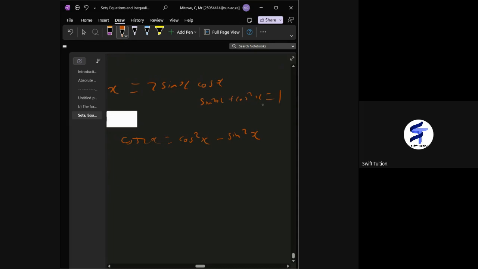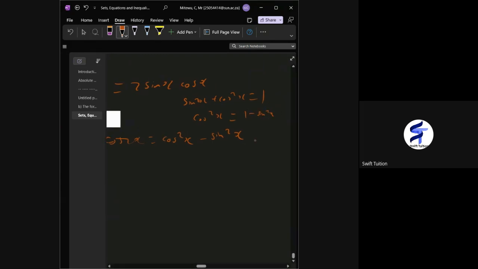One way is to write it in terms of sine: cos 2x is equal to 1 minus 2 sine squared x.